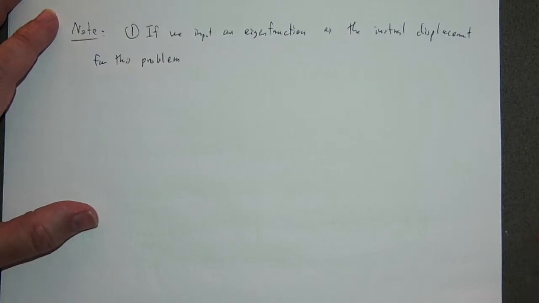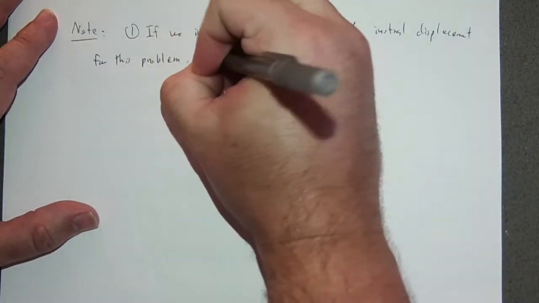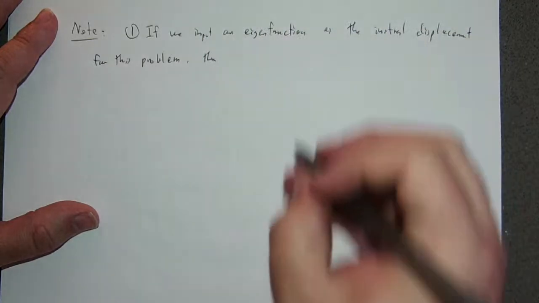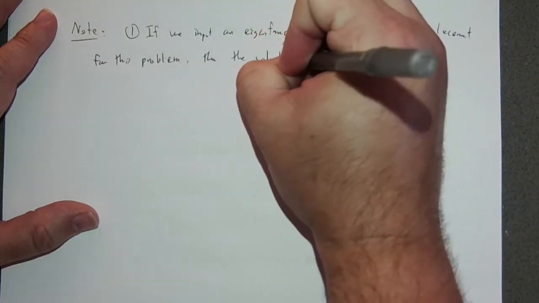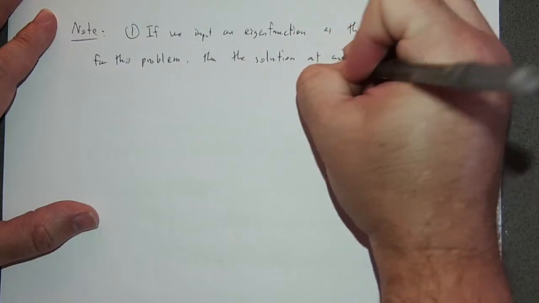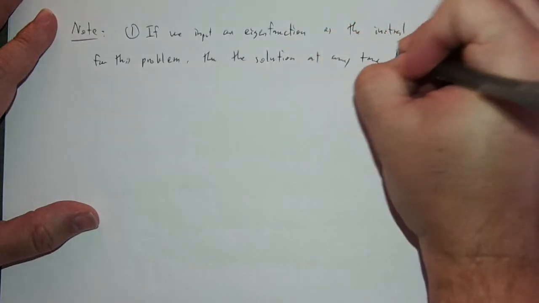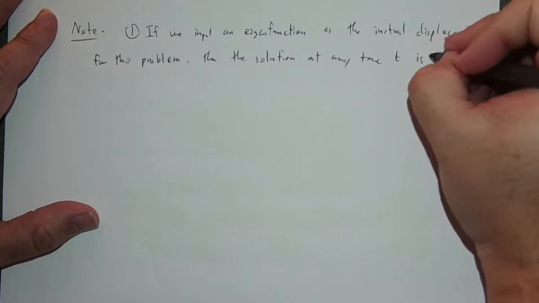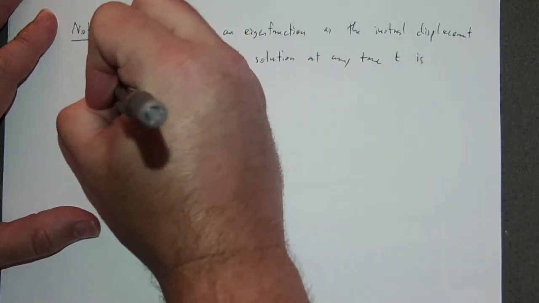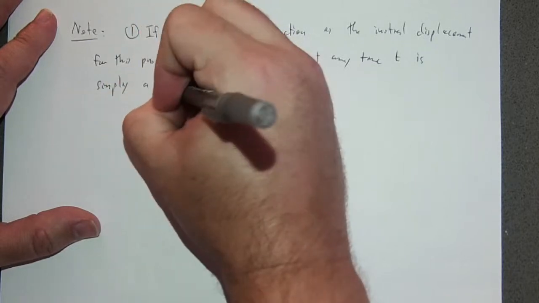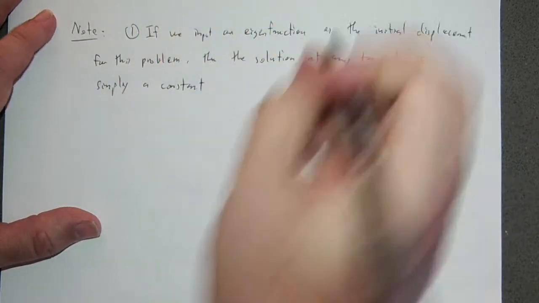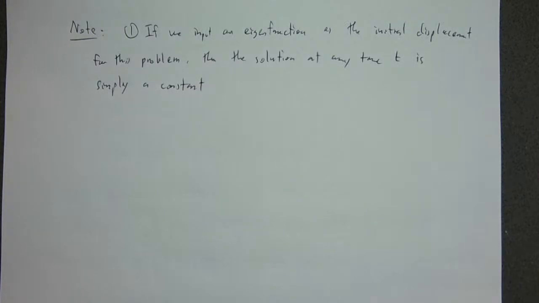Okay. Then the solution at any time t is simply a constant. Now you might object here, and say, wait, it's not a constant, right?